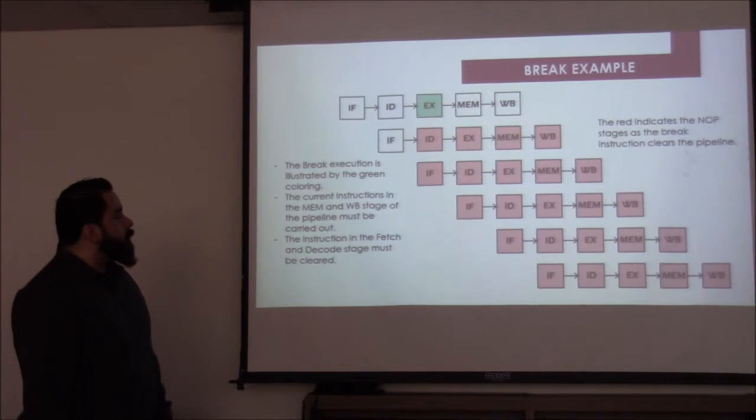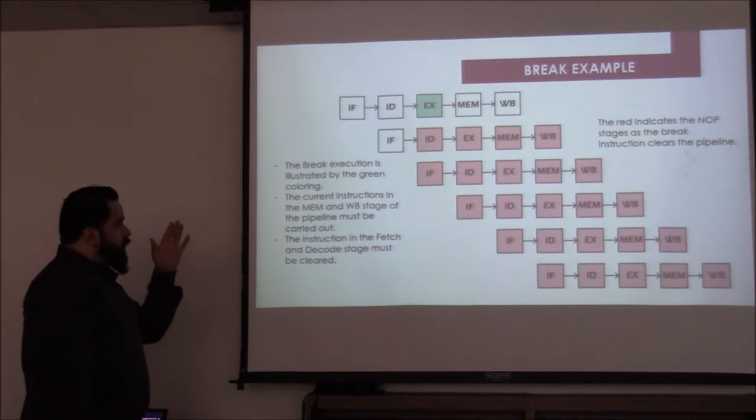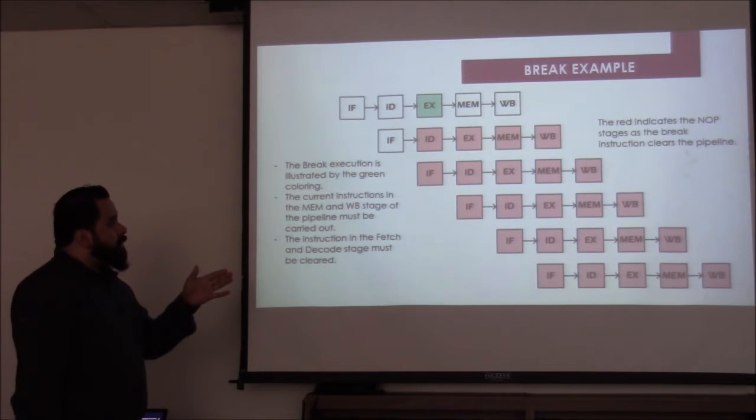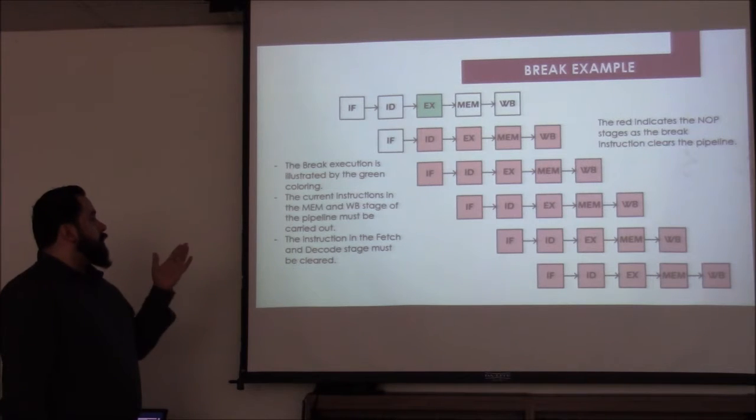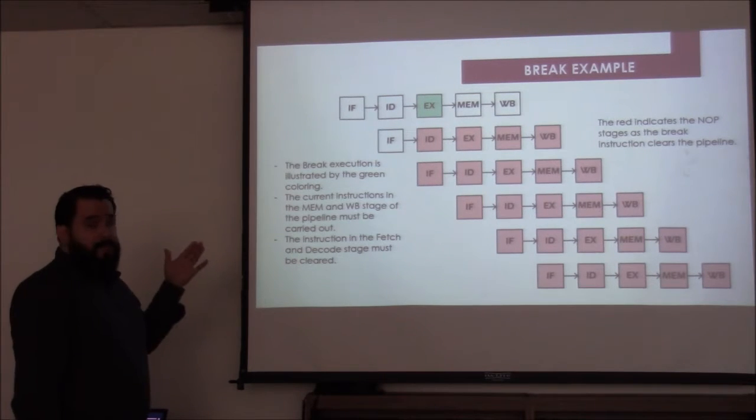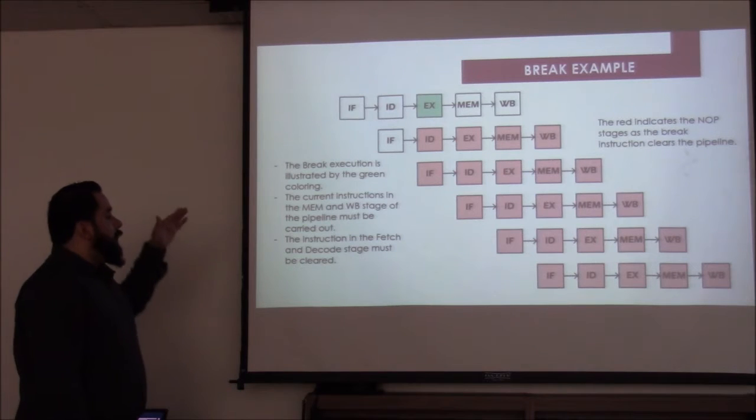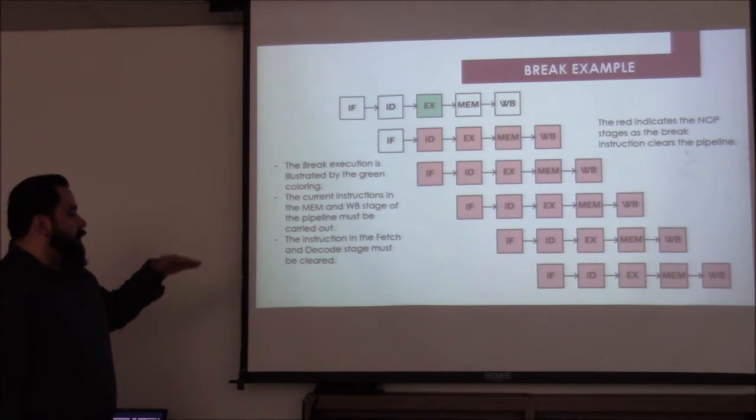This is an example of a break. As mentioned before, the break happens in the execution stage. You can see here by the green coloring. The instructions that are in the memory and write-back stages need to be carried through. The instructions that are in the fetch and decode, if any, will be flushed out. And the rest of them are no ops because of a break.